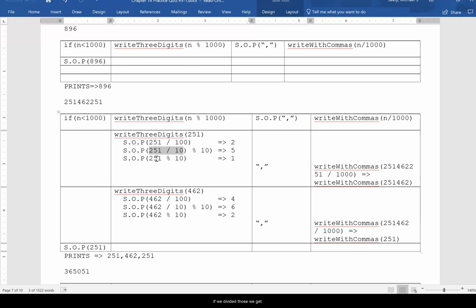If we divided those, we get 25, and 25 modulus 10. That should be 15, right? Let me see how I got this.